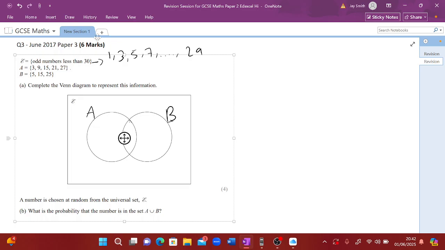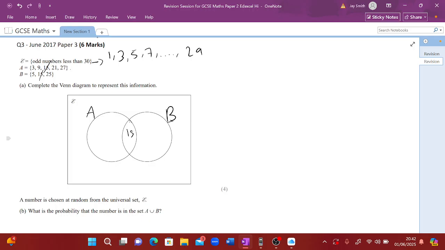So what numbers are in A and B? 3 is only in A. 9, no. 15 is in A and B, so we can put 15 in the middle. Cross it out. 21, no. 27, no. So 15 is the only overlapping number.